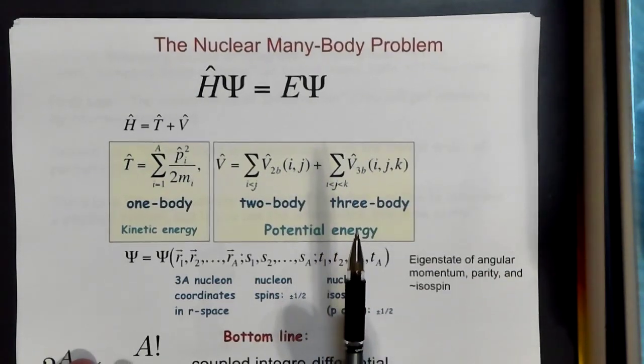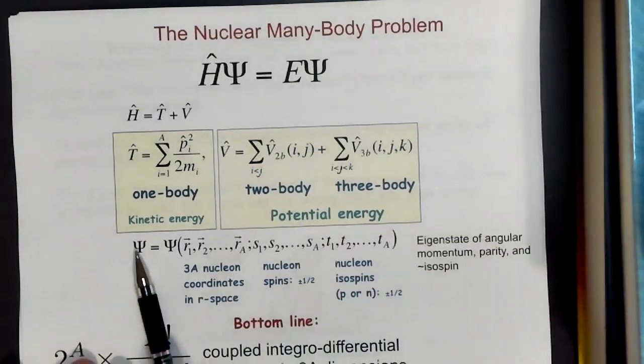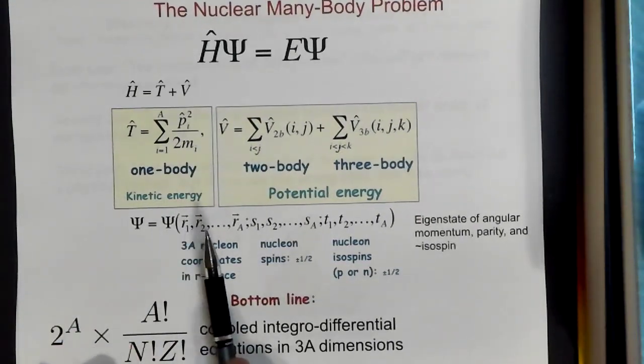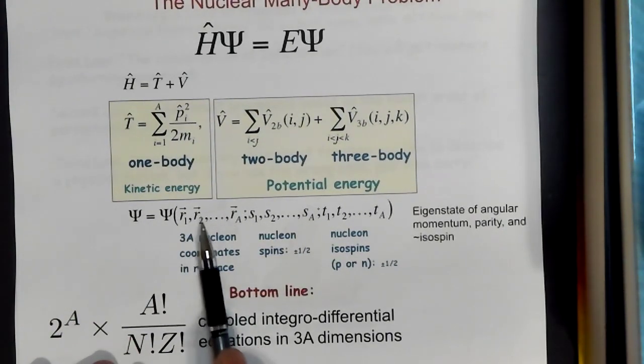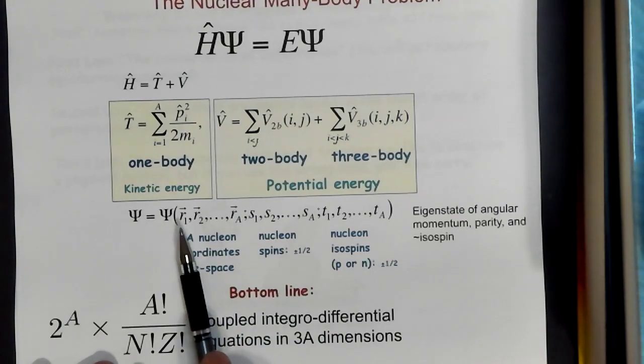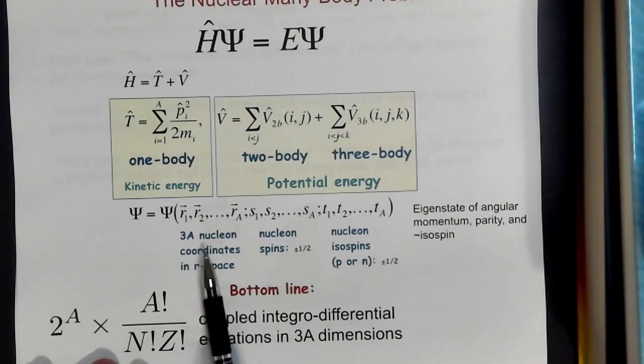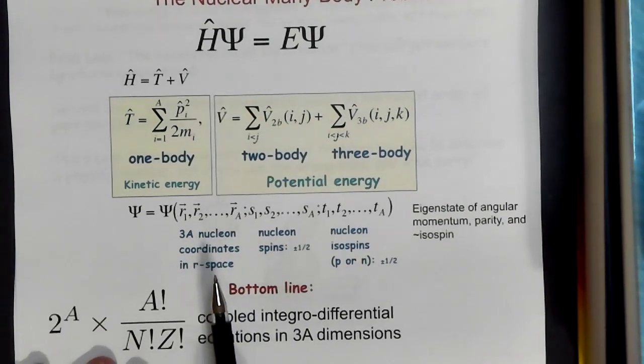And so the wave function psi now will depend on the coordinates of these nucleons, and because we're in 3 dimensions, there will be 3 times A, where A is the number of nucleons. There'll be 3A coordinates in this position space.